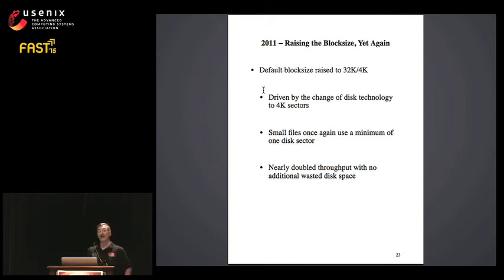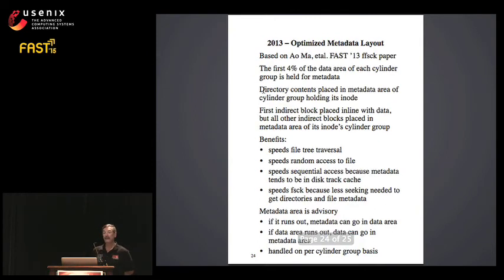So it was winning. The last thing that I want to bring up is this optimized metadata layout. This is actually based on some work that was done in the Fast FSCK paper at FAST two years ago. It was one of those ones which Margo sort of alluded to, where they had to change thousands of lines of the ext file system.